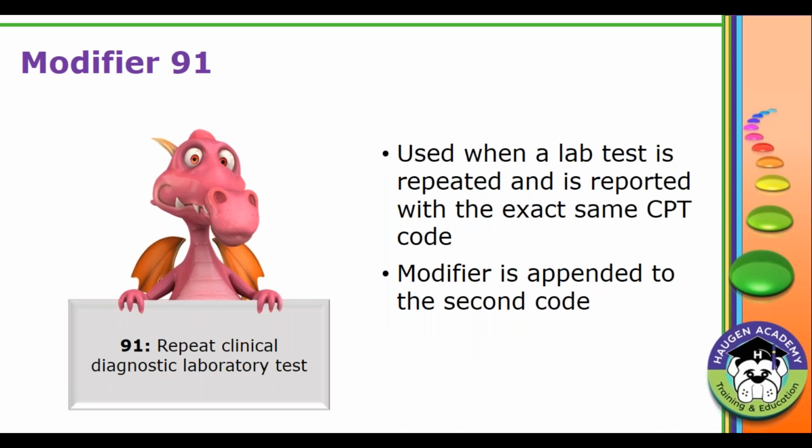Modifier 91 is the lab modifier, and it is used when a lab test is repeated and it's reported with the exact same CPT code, and the modifier gets added to the second code. This is one of those areas where looking at your payer websites can be very useful, because they have some information and they may have some fact sheets.